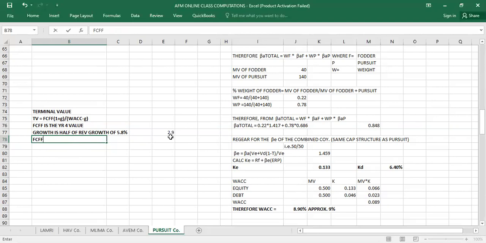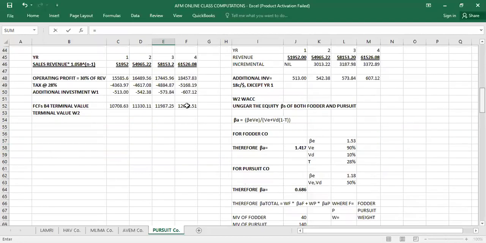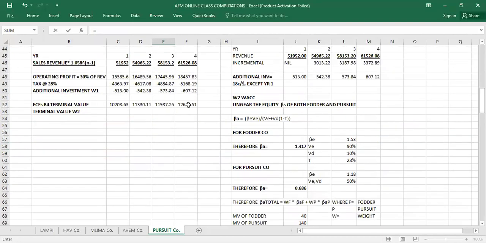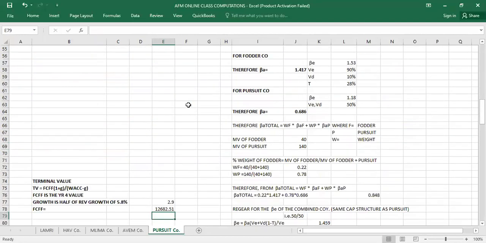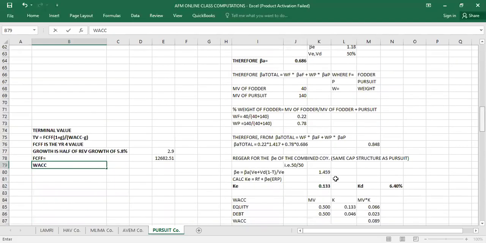Our free cash flow to firm is equal to our year 4. Then we have growth already. What else is remaining? Then WACC. We already have WACC. So WACC is 9%.